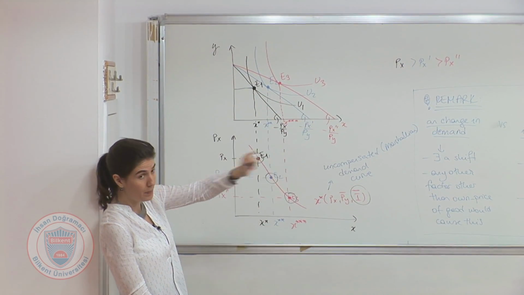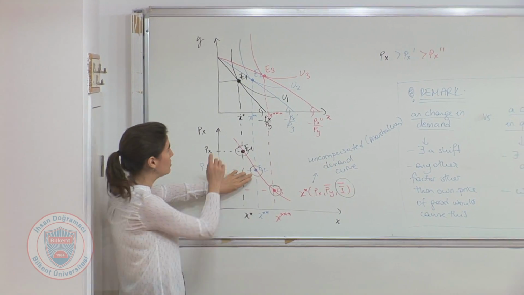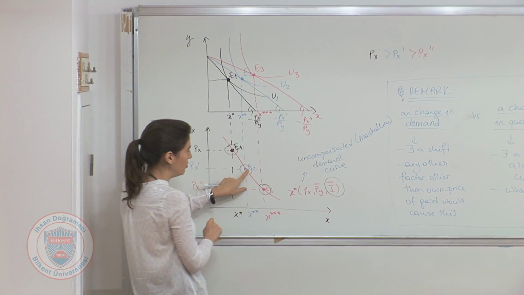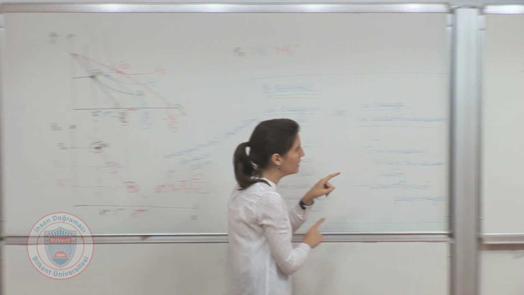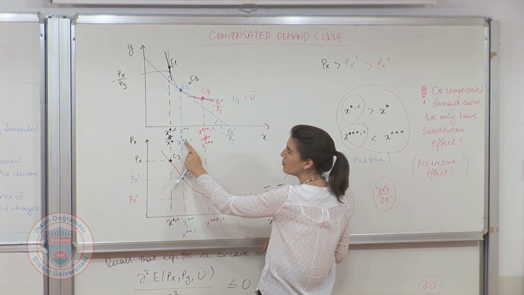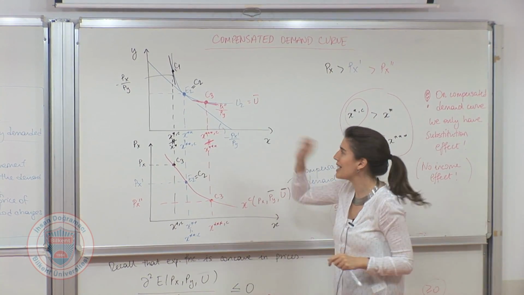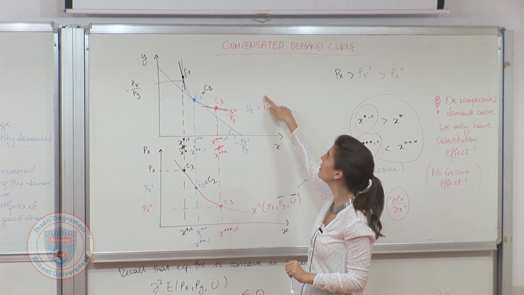Here we have the compensated demand curve. And we said that at this point E2, we have X double star equal to X double star C, because at this point, income is just enough to get this utility level.